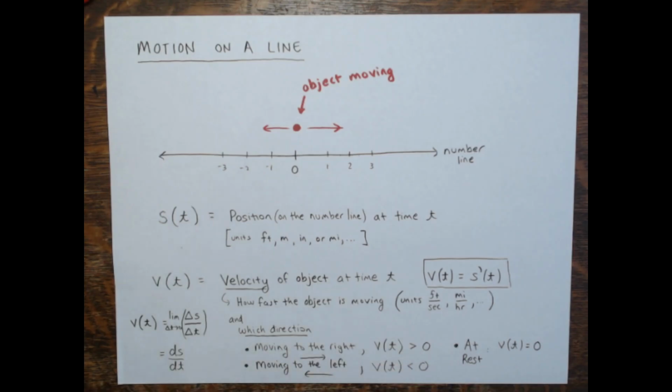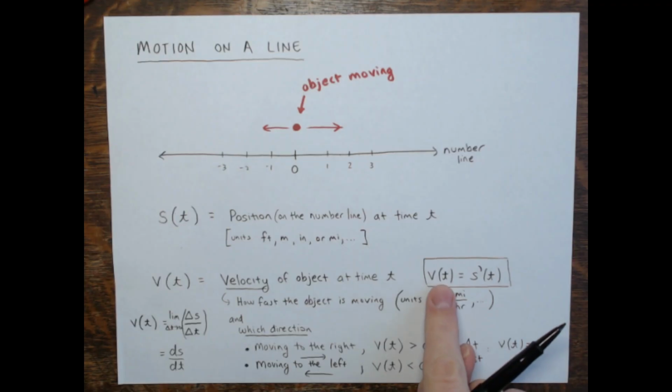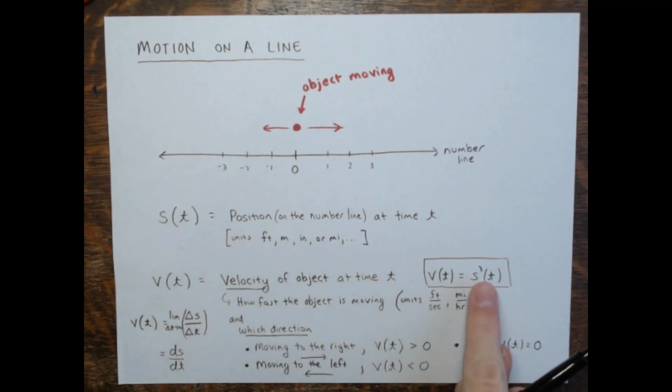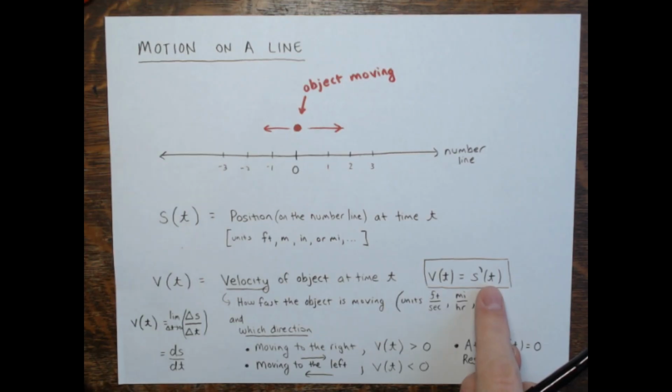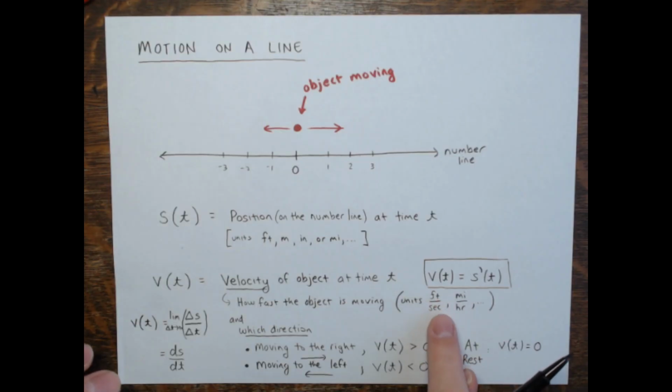Okay, then we also have the acceleration function. So again, the velocity function is the derivative of the position function, and the units on it will be position units over time units. All right, then we have the acceleration function.